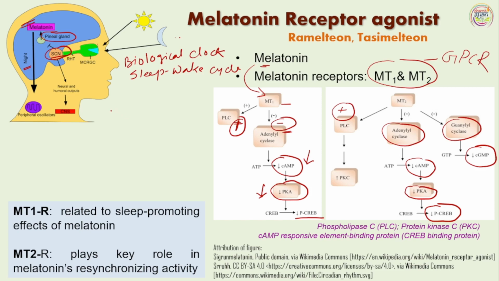Now, as we have told, the two drugs under this category are Ramelteon and Tasimelteon. In case of Ramelteon, it is mainly used for the treatment of insomnia.